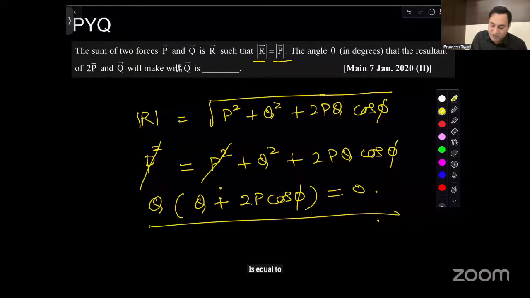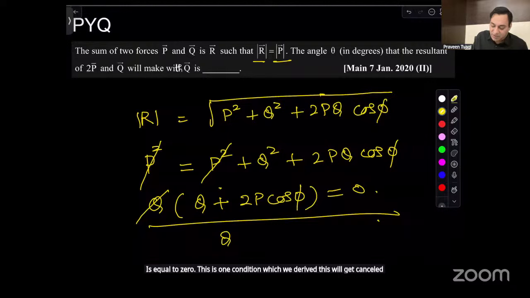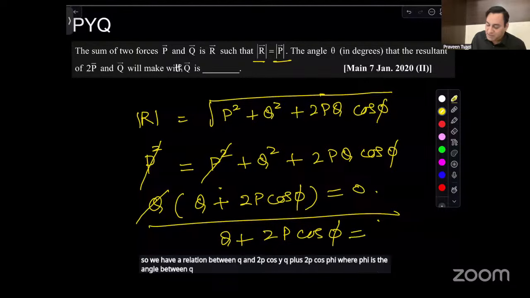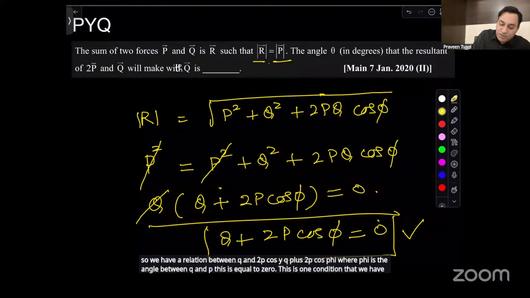This is one condition which we derived. This will get cancelled. So we have a relation between Q and 2P cos phi, where phi is the angle between Q and P. Q plus 2P cos phi is equal to 0. This is one condition that we have obtained from using this information.